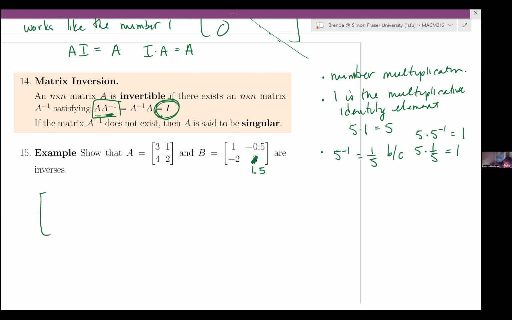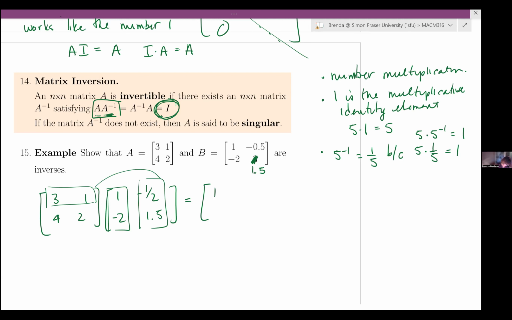Now let's do that multiplication. 3, 1, 4, 2 multiplied by 1, -0.5, -2, 1.5. Taking the dot product, 3 minus 2 is 1, good. Next, 3 times -0.5 is -1.5, plus 1.5 is 0. Then the second row into the first column, 4 minus 4 is 0.